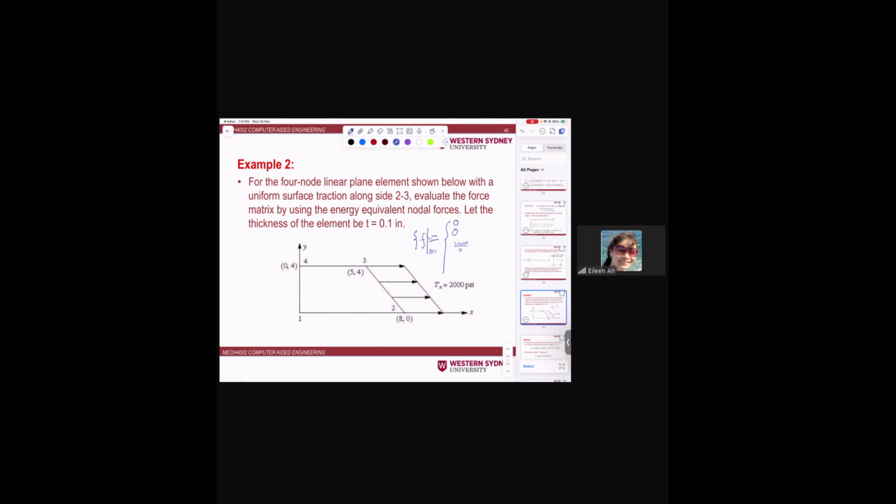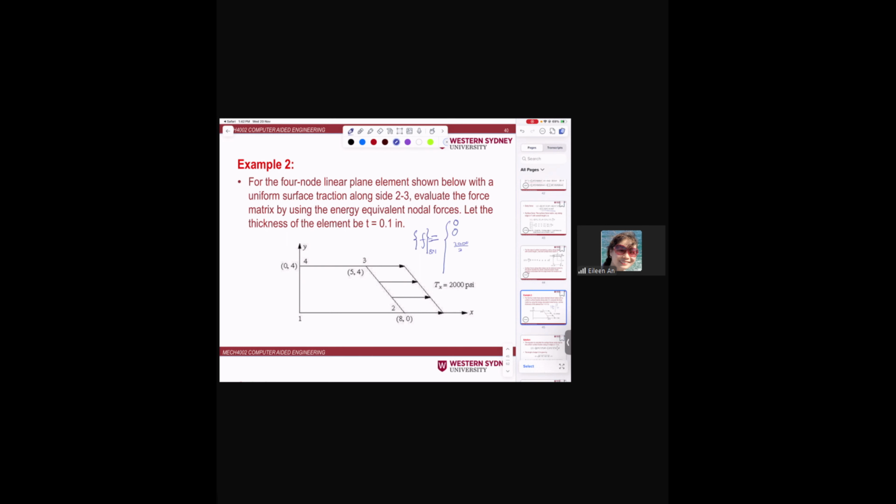Pressure multiplied by area is the force. So if we want to calculate the force, we need to know the thickness of the element. It is given as 0.1, right? And we need to calculate the length.